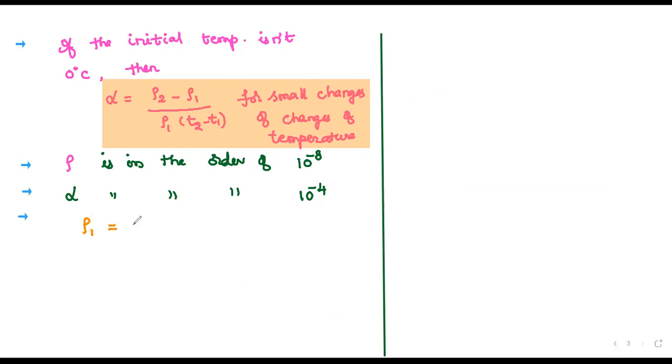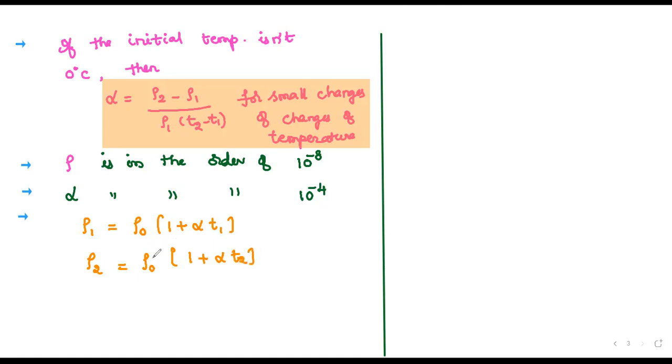Okay, rho 1 I write according to the formula: rho naught into 1 plus alpha t, that is, t1 minus 0, that is t1. In the same way, rho 2, again I start with rho naught, exactly, Srinidhi Priya. Rho naught into 1 plus alpha into t2 minus 0, that is t2.